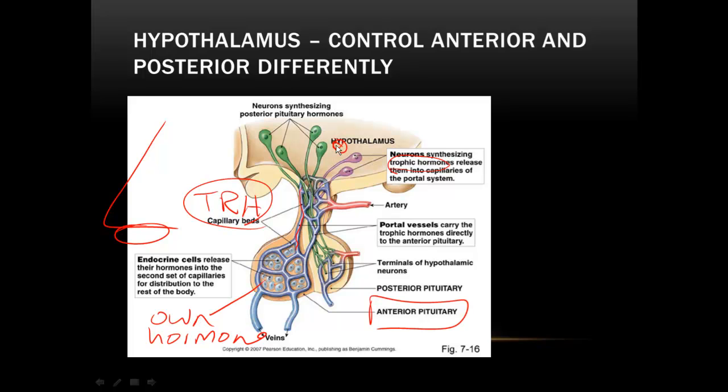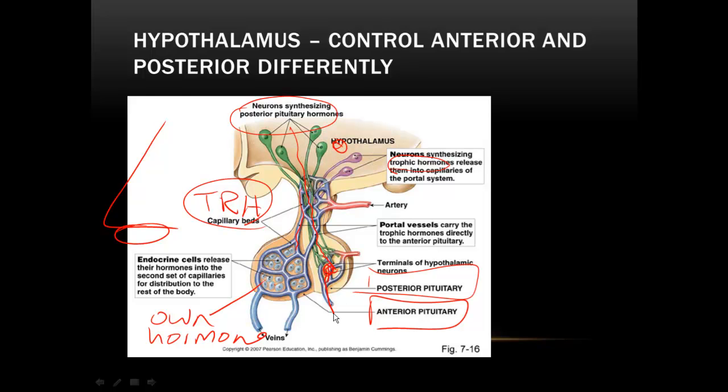Different relationship, hypothalamus with the posterior pituitary. The posterior pituitary does not make its own. It releases hormones that the hypothalamus makes: neurosecretory cells synthesize hormones that travel down these green vessels, nerves, and are released into the posterior pituitary.